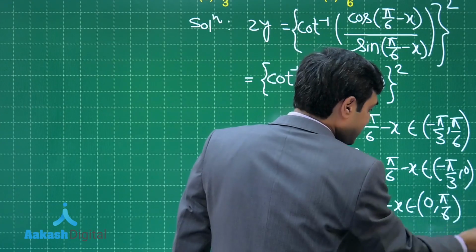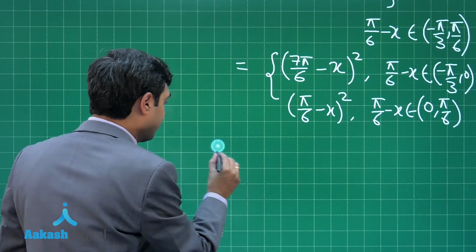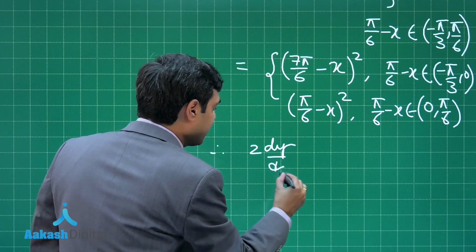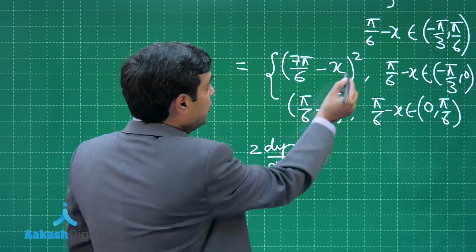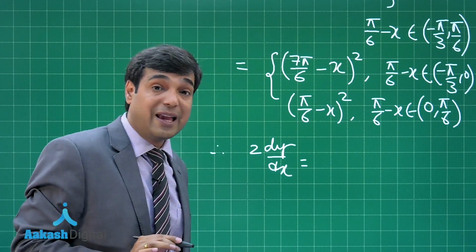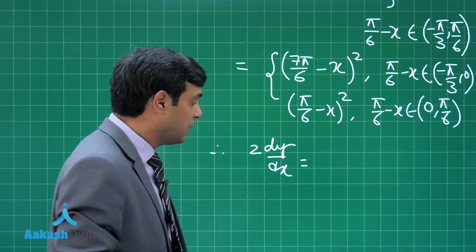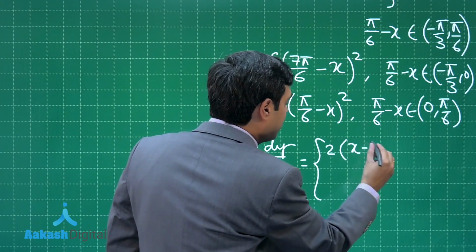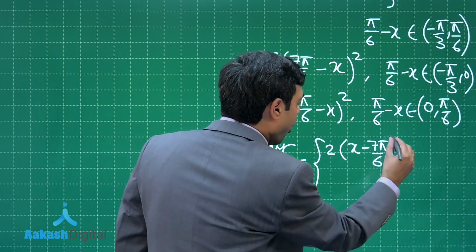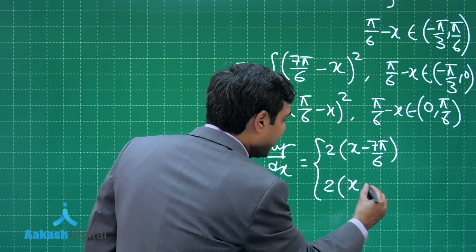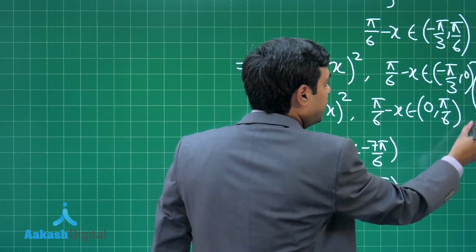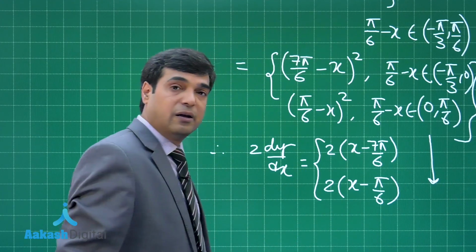On differentiating this term, you will be getting simply 2 dy by dx is equal to twice of 7 pi by 6 minus x into minus 1, right? So you can write here twice of x minus 7 pi by 6, or twice of x minus pi by 6 for the same interval what you have mentioned above, right?